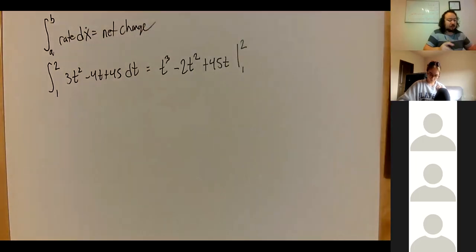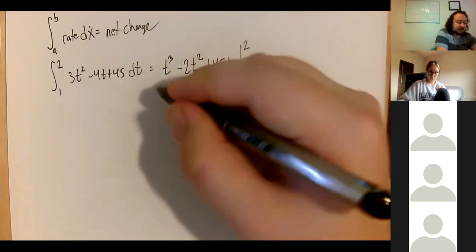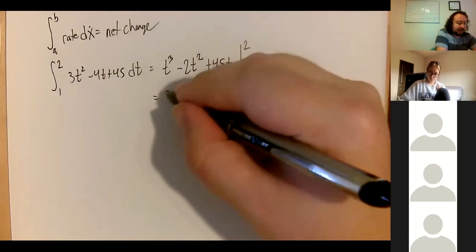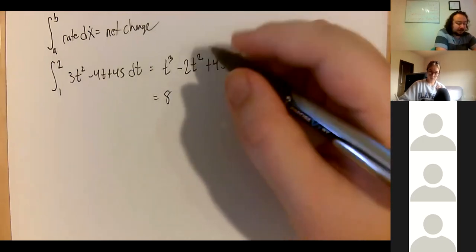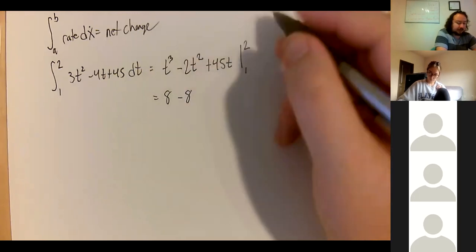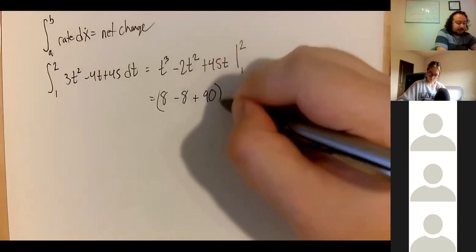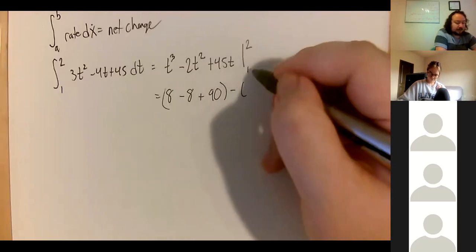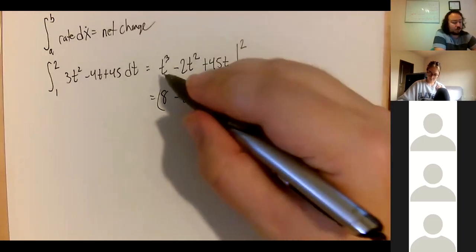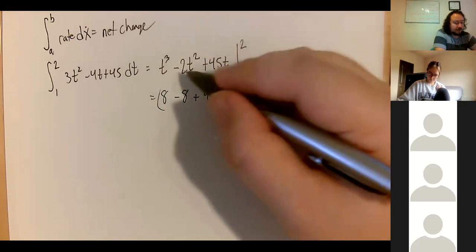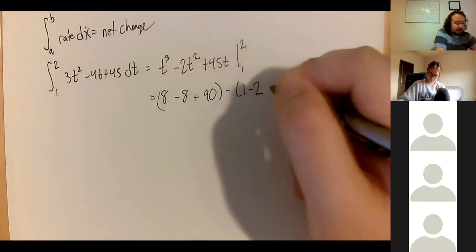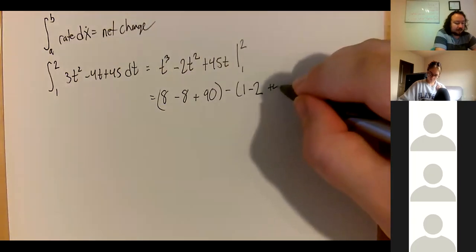All right, so now when we go ahead and plug this in, let's see, 2 cubed is 8, minus 2 times 2 squared, which is also 8, plus 45 times 2 is 90. That's what we have here. And then we subtract and we plug in 1 for the cube. We subtract 2 times 1 here, and then we add 45.